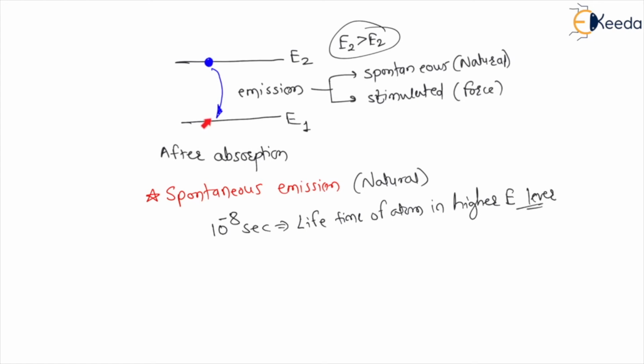During the process of absorption, the electron from E1 will jump to E2, but this electron or atom will stay here only for 10 to the power minus 8 seconds, and then again because of the energy difference it will travel to the lower energy level. During this process there is an emission of a photon. The energy of the photon, which is E equals h nu, is nothing but E2 minus E1.